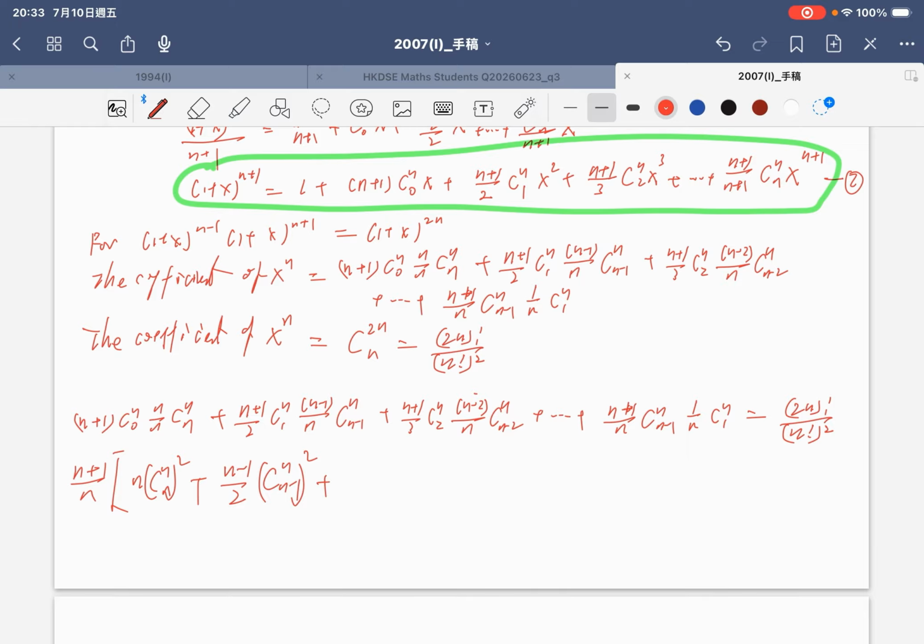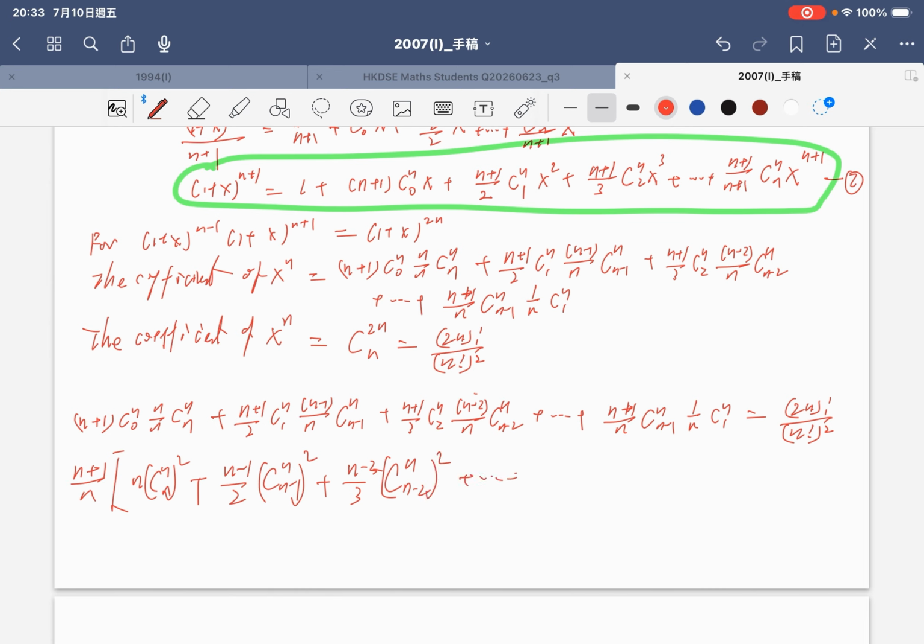Similarly, for the third term, factorize n plus 1 and the denominator of n. We have (n minus 2) over 3, and change this nC2 into nC(n minus 2). Keep this one.